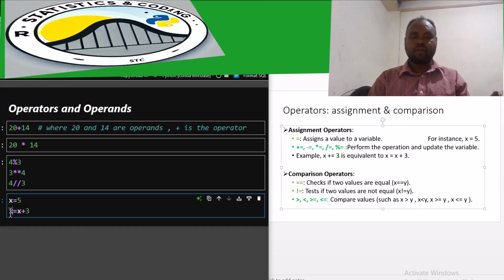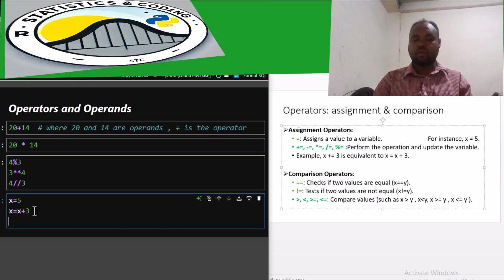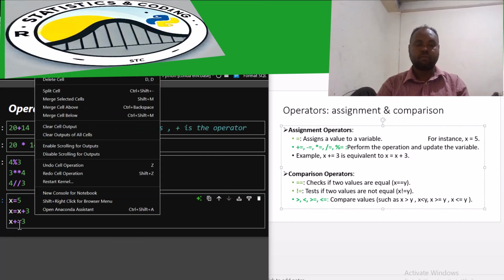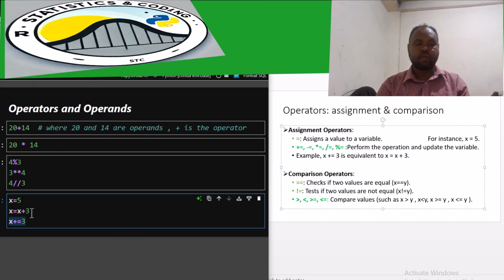The new value of x is 8, right? This is also equivalent to x plus equals 3. These two are equal in meaning, right?